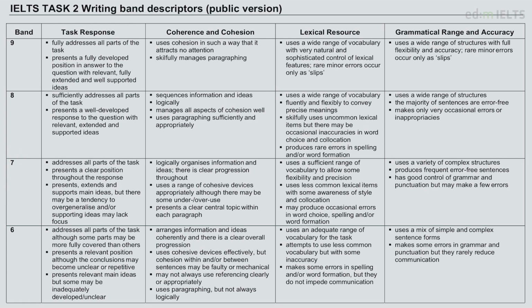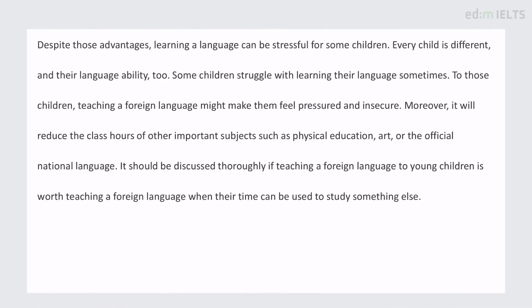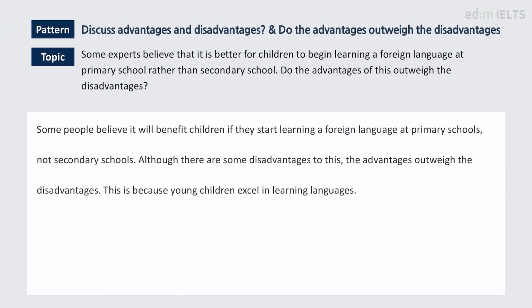Because it's not fair if you don't know what to do. So there has to be a public version so they can tell you what you have to achieve to satisfy the requirements of a particular score, like 6, 7, 8, 9, for each of the 4 things being assessed. Each of the 4 assessment criteria. I shouldn't say things, I'm trying to sound smart and formal, so I won't say things. Anyway, without further ado, let's have a look at the essay.